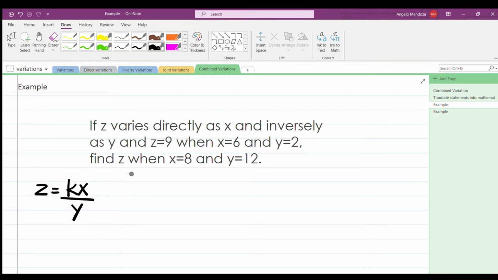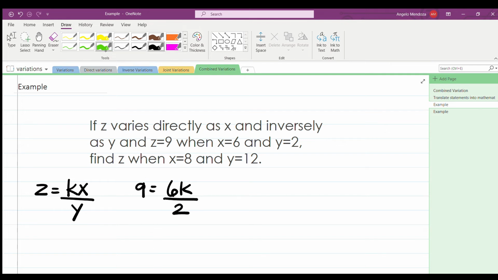When Z equals 9, X is equal to 6, so you have 6K over Y, which is 2.